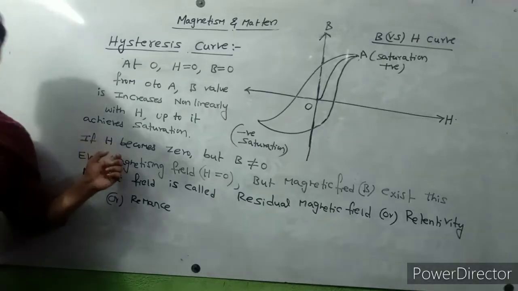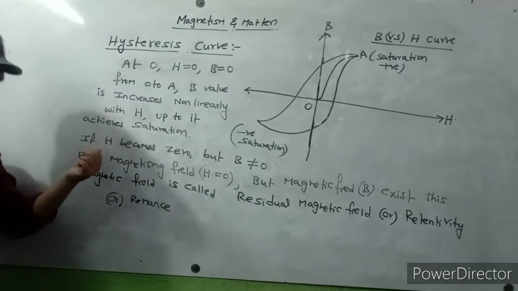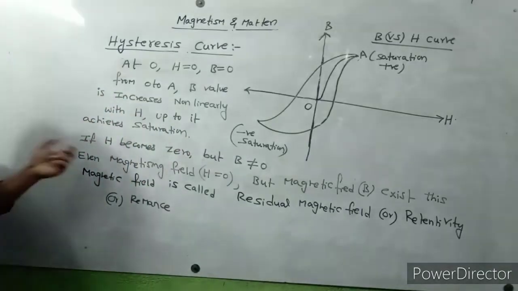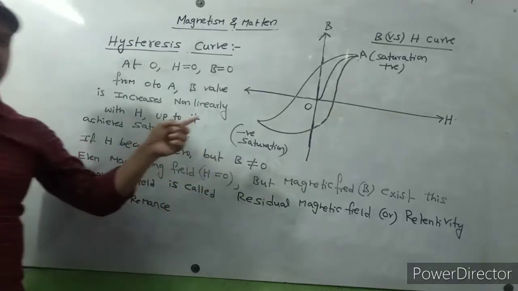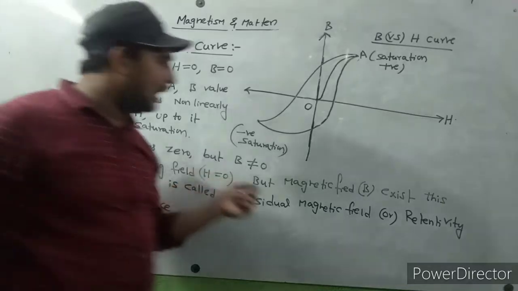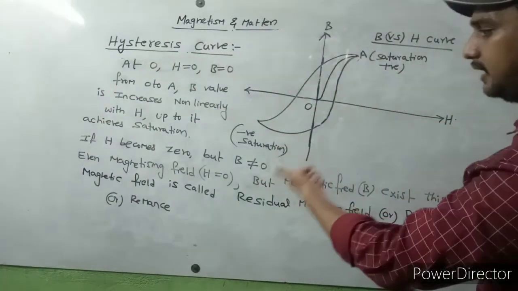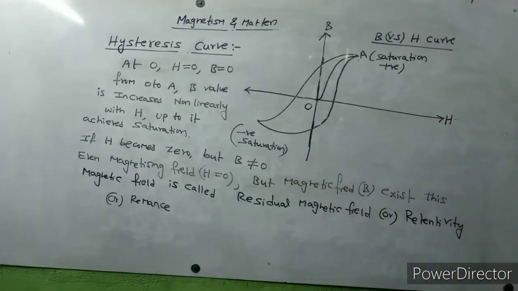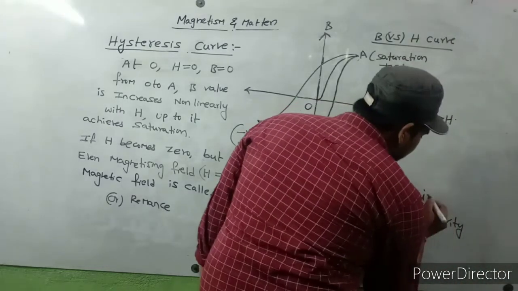If H becomes 0 but B is not equal to 0, even though the magnetizing field H is equal to 0, some magnetic field exists. This magnetic field is called the residual magnetic field. So some magnetic field exists inside the material.